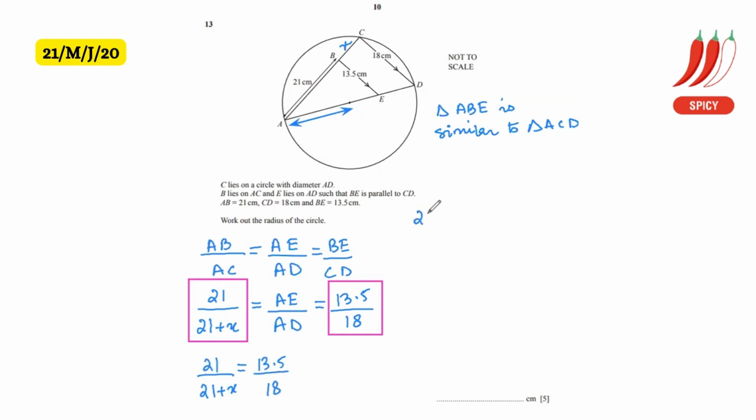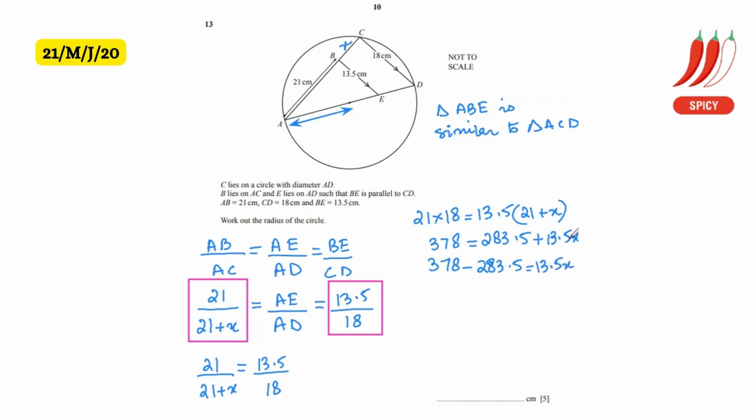So that's 21 times 18 equal to 13.5 multiplied by 21 plus X. So 21 times 18 is 378 equals 13.5 times 21, that's 283.5 plus 13.5x. Take the 283.5 to the other side to collect the like terms.